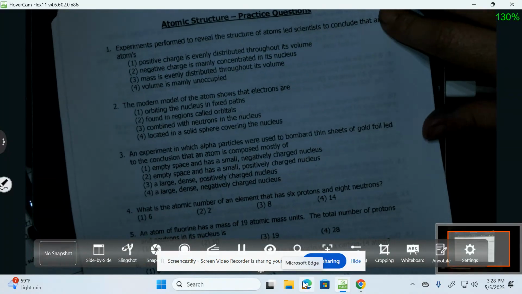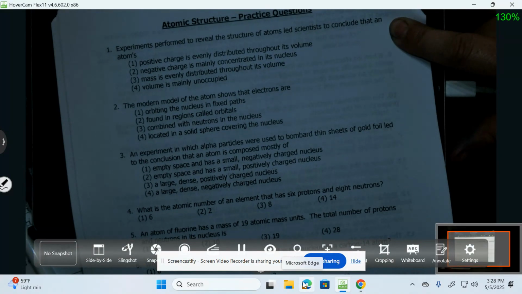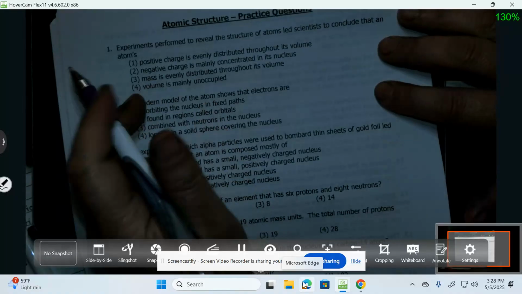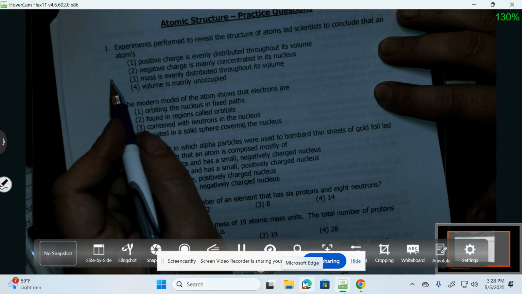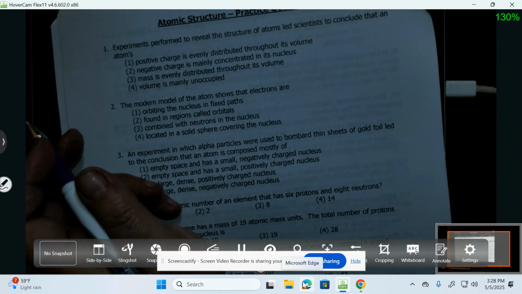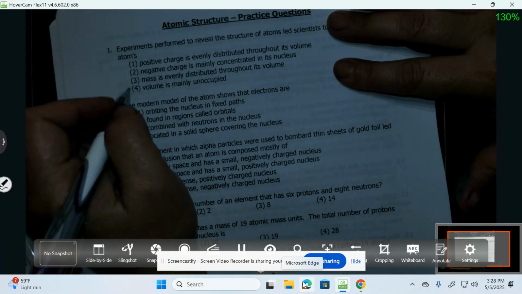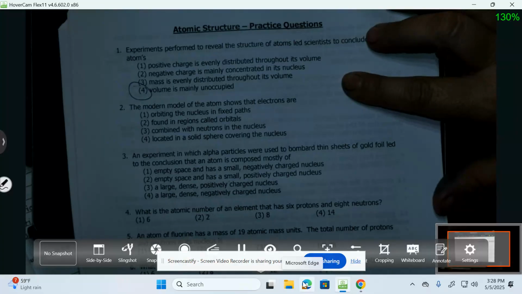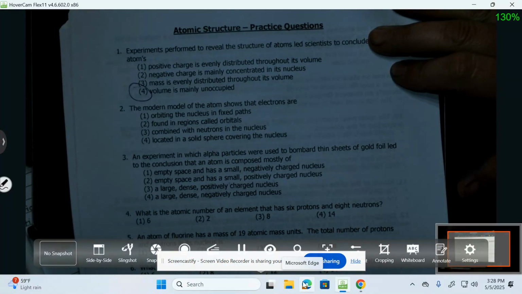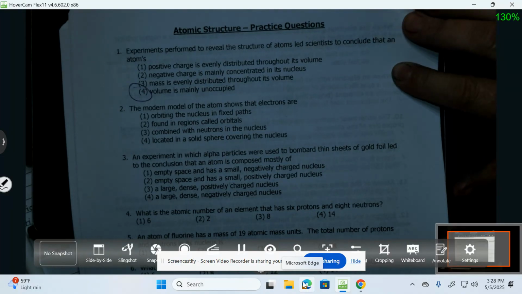Experiments performed to reveal the structure of atoms led scientists to conclude that the atoms, what do you think? 4. Mainly unoccupied. Mostly empty space. That's Rutherford. Mostly empty space, hard, dense, positively charged nucleus.